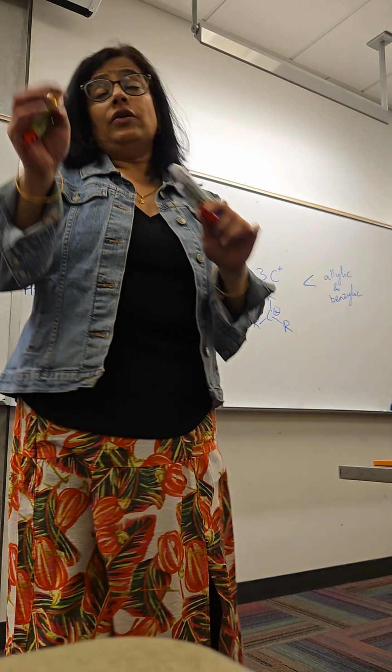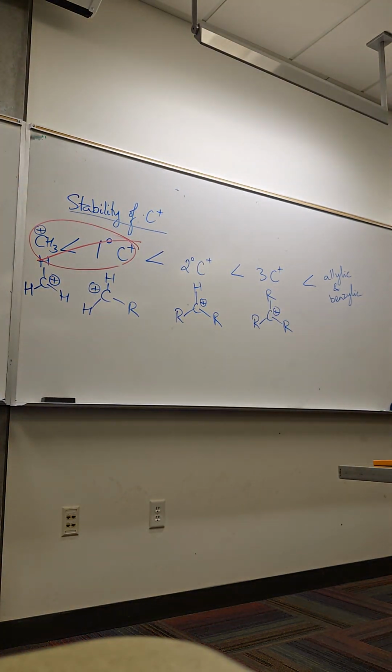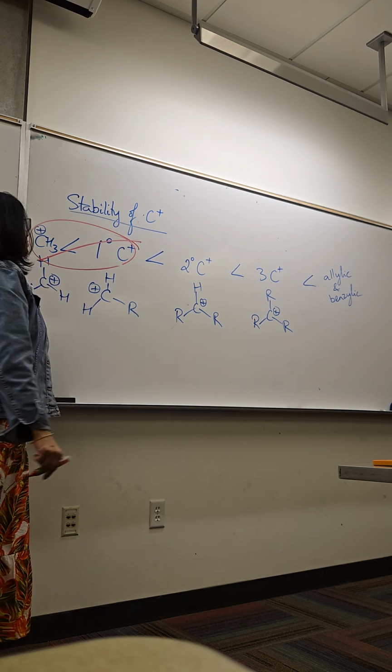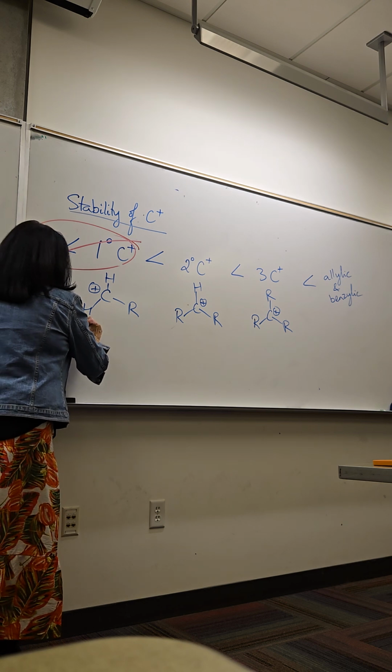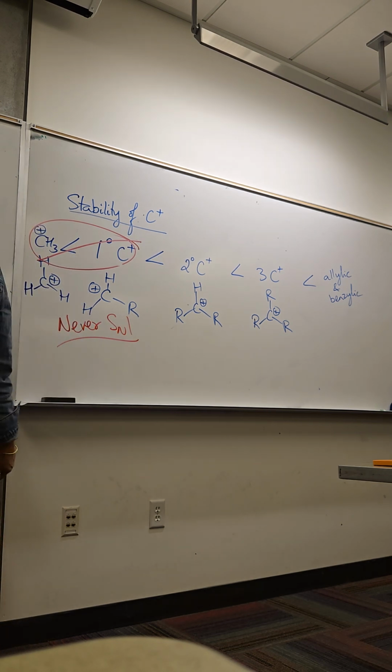Radicals you can, but carbocations you can't. So we write primaries as an SN2. Exactly. That's why primaries can never do SN1, because their carbocations are extremely unstable.